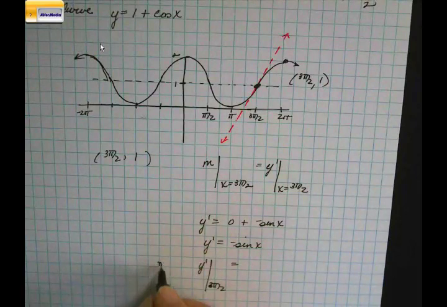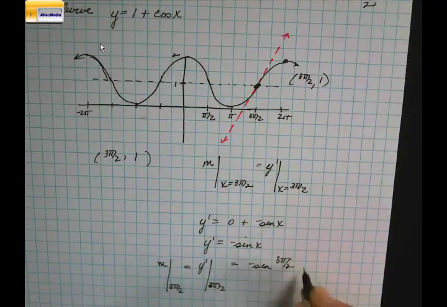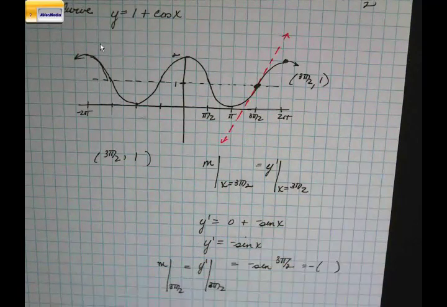So the slope at 3 pi halves to this curve is negative sine of 3 pi halves, which is a negative times something. Well, sine of 3 pi halves is what? Negative 1. So this is 1.